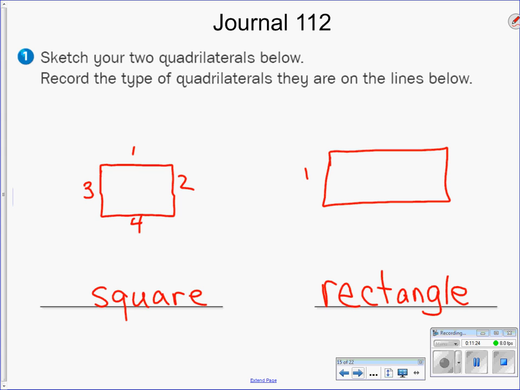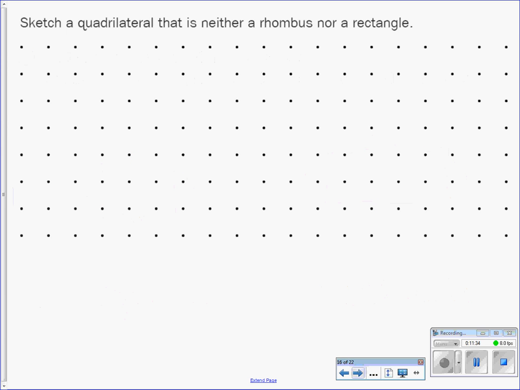And you could use any quadrilateral that you can make that has 4 sides. Sketch a quadrilateral that is neither a rhombus nor a rectangle. Okay, it's neither a rhombus nor a rectangle.